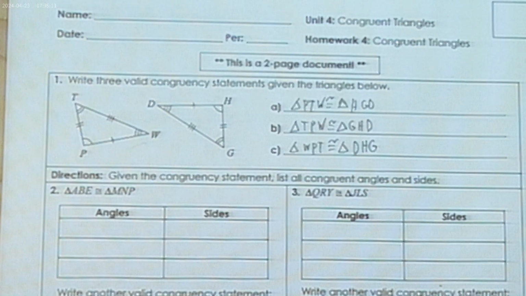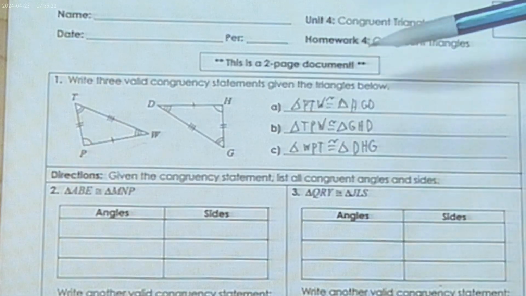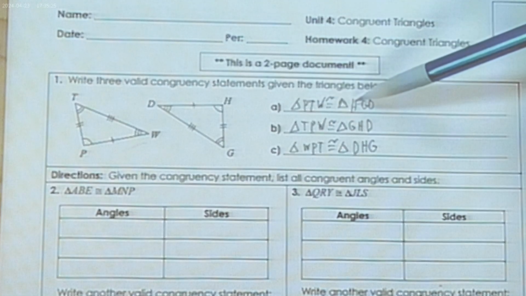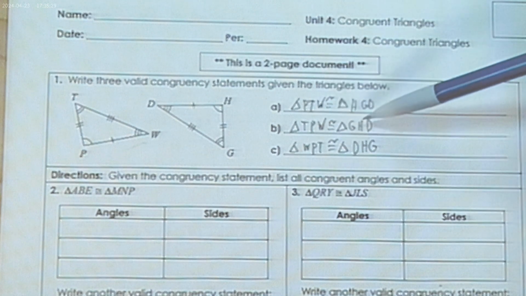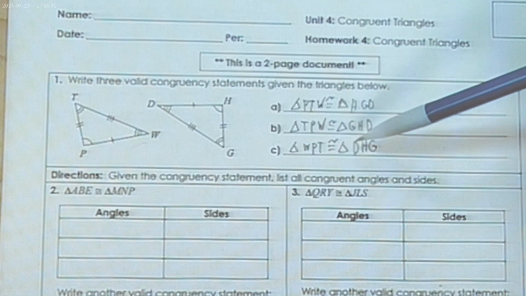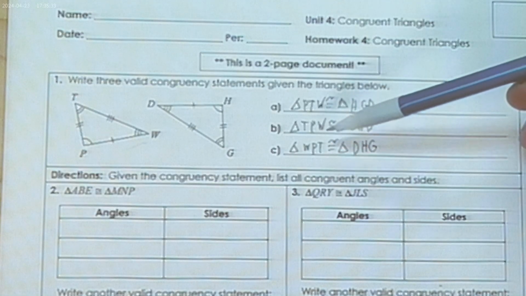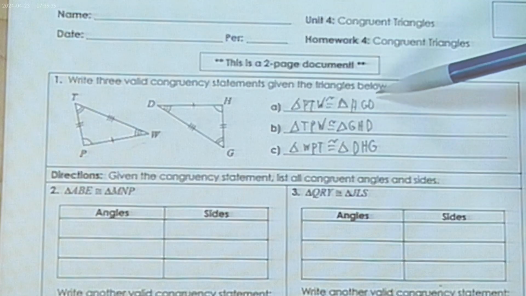So again, this kind of illustrates the importance of reference angles and reference sides and reference points. Wherever P appears in these congruent statements, H appears next. So we've got P in the second index, H in the second index. Wherever W appears, D appears.